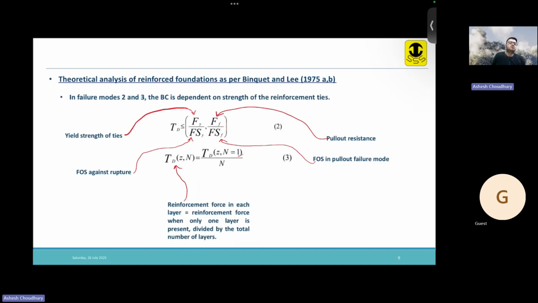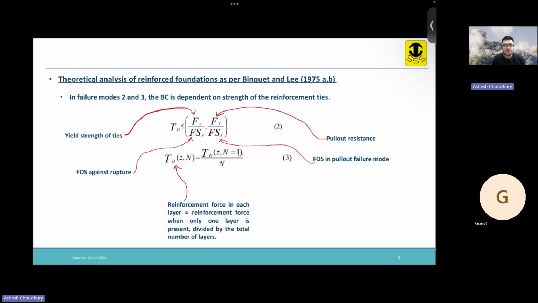In failure modes 2 and 3, the bearing capacity is dependent on the strength of the reinforcement ties. So we can see here T_D, which is nothing but the reinforcement force.